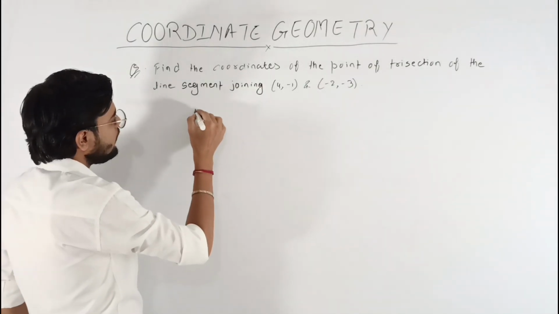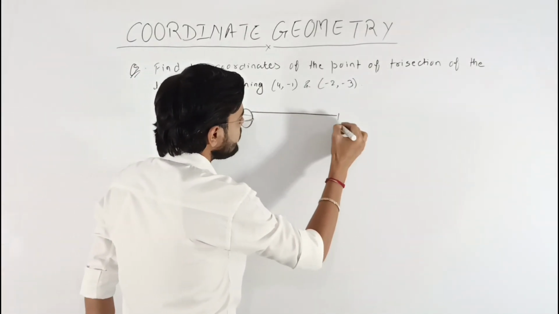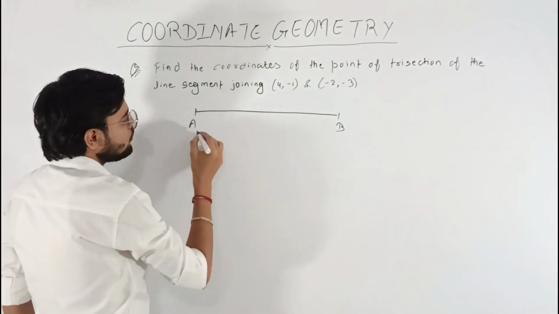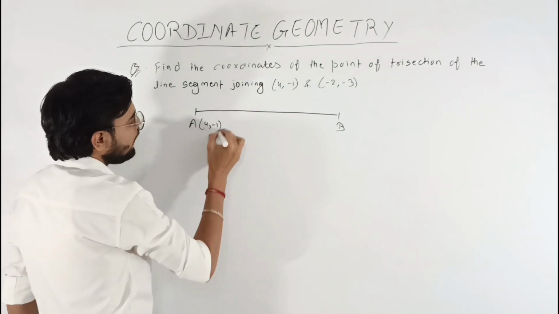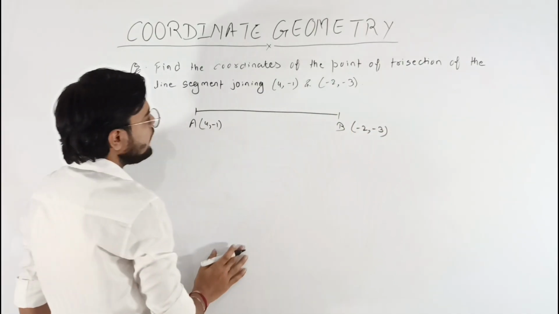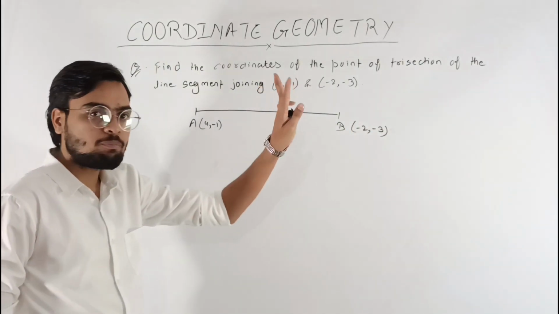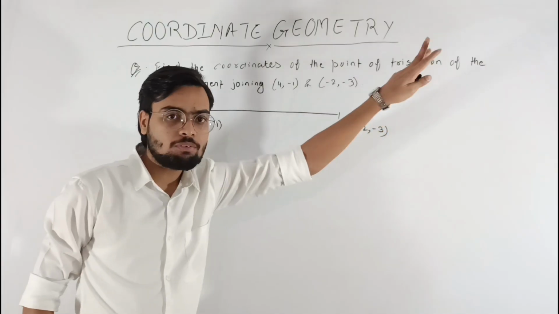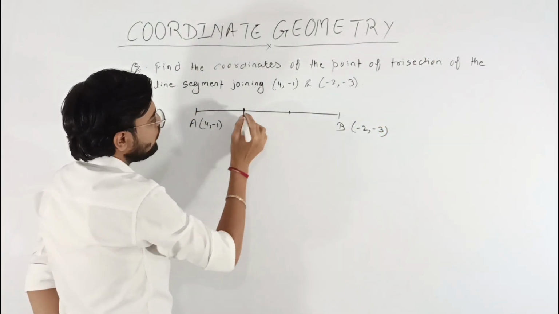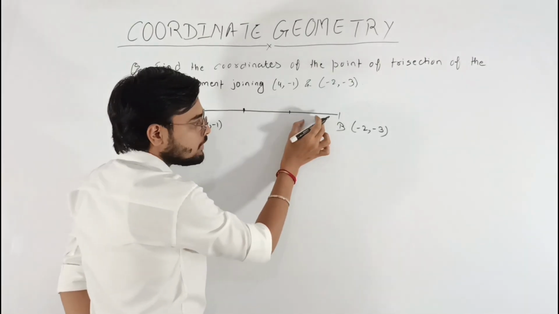Now look, suppose this is my line segment AB and it is given the coordinates of A and B. So coordinates of A is given 4 and minus 1 and coordinates of B is given, that is minus 2 and minus 3. Now question said this line divided in 3 parts. Trisection means 3 equal parts. So suppose this is my first part, this is second part. Okay, this is first part, this one is second part and this one is third part.